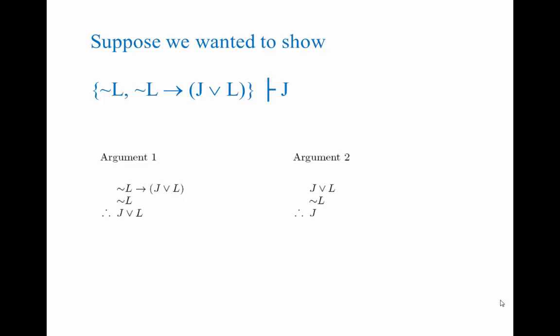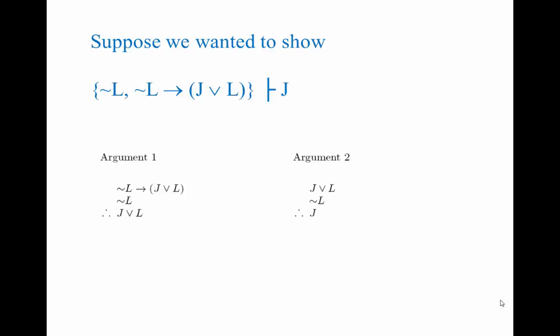So think about it this way. You can break up that longer argument into two smaller arguments. The first one has as its premises, not L implies J or L, not L, therefore J or L. You should recognize that as a substitution instance of conditional elimination.